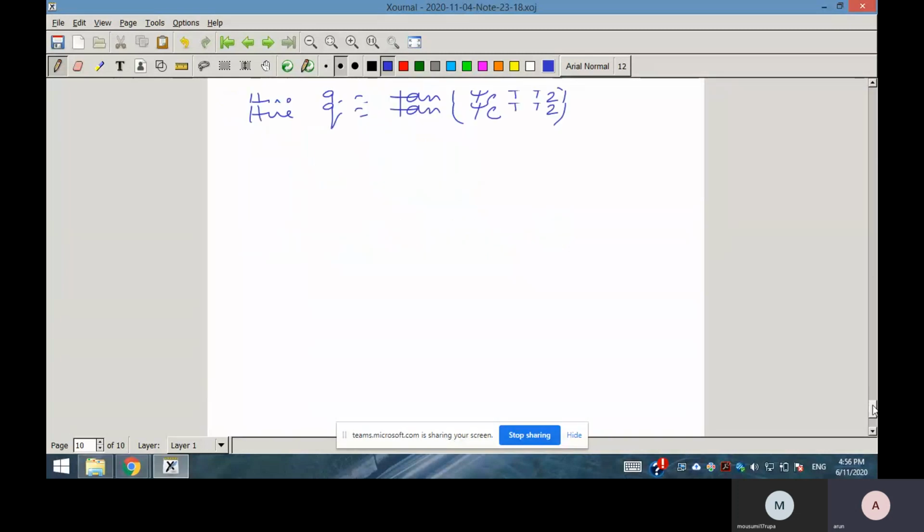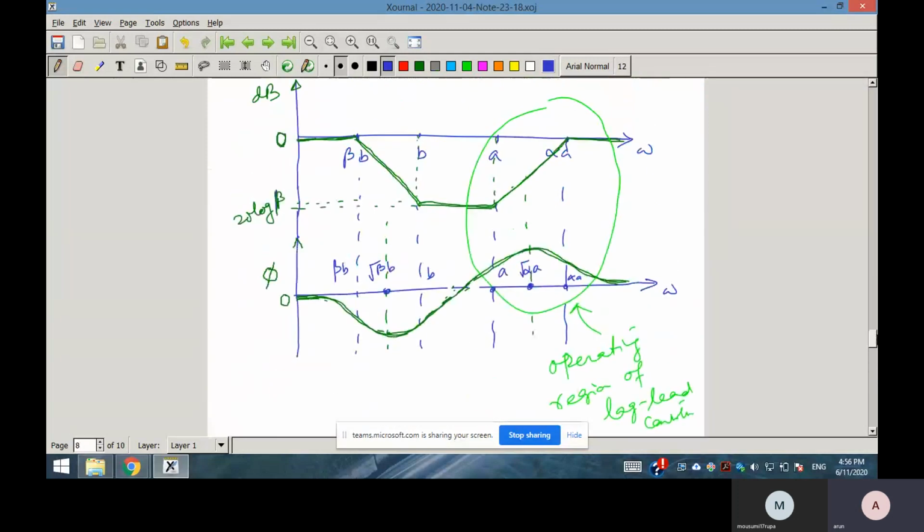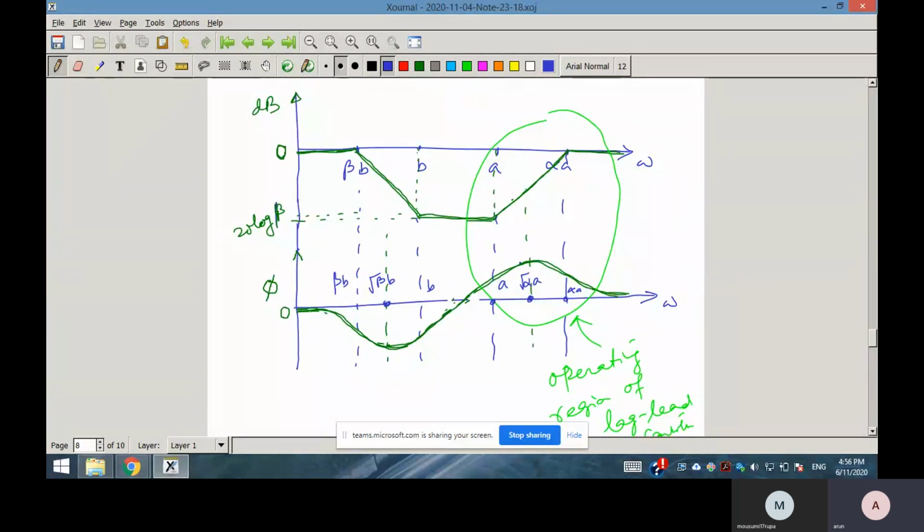Because as it is shown in this figure, we will be operating in this region. In this region it may happen, if B and A are far away, then the lag part will not contribute any phase lag.